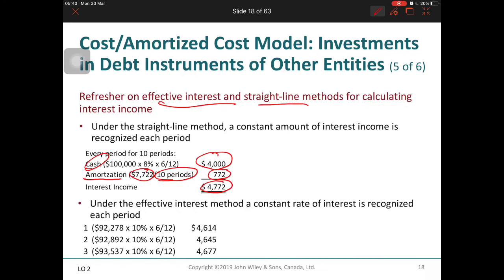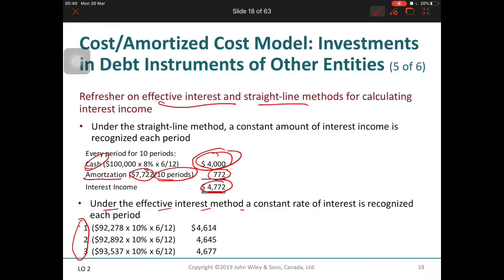Under the effective interest method, you have a quite complicated calculation. The cash received is still the same, 4,000 for every period. But the interest income is different.